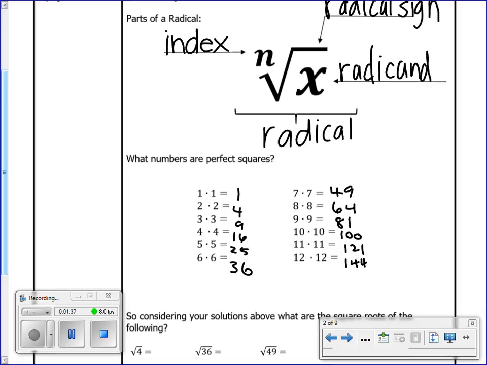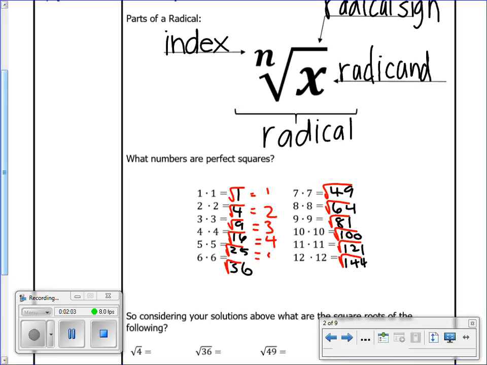Now, when we take the square root of these numbers, you end up getting what their perfect square root is. So the square root of 1 is 1. The square root of 4 is 2. The square root of 9 is 3. 16 is 4.